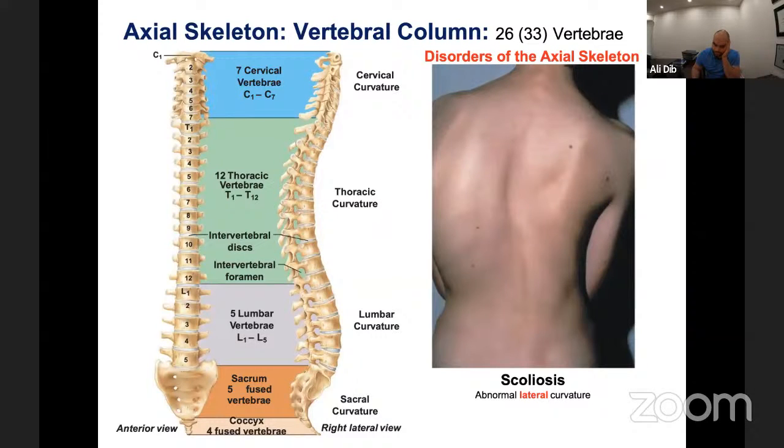Now, with my scoliotic guys, because they have compression on one side and splaying or weakness on the other side, the therapy is going to be to create more compression on the side that's decompressed and splay out or open the side that's compressed, right? It's pretty intuitive.